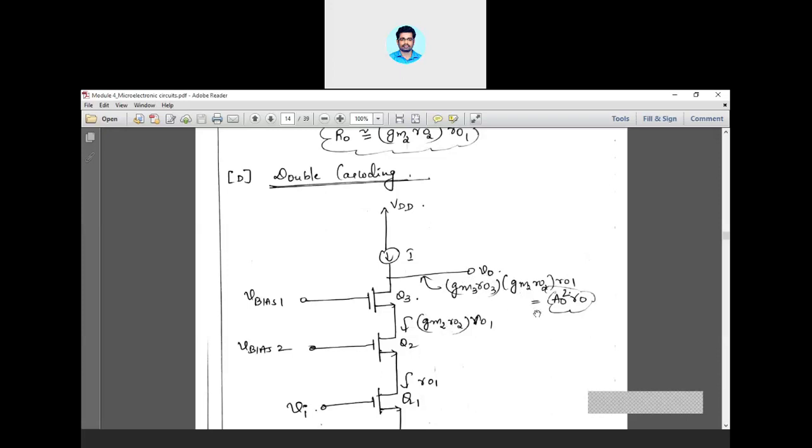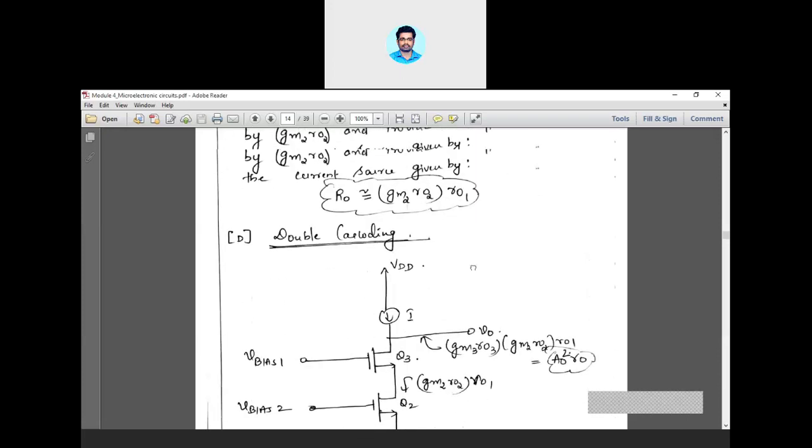Again gm2 into R02 will also be A0 because R03 is the same as R02, and similarly gm3 is the same as gm2. Both the transistors have the same transconductance and the same output resistance, so their intrinsic gain is going to be the same. So this is A0, this is A0. So A0 into A0 is A0 square into R0.